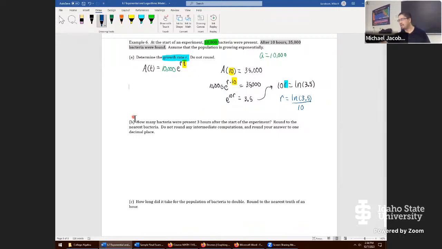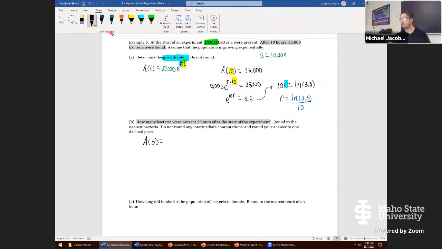Next, it asks us, how many bacteria were present 3 hours after the start of the experiment? We'll round to the nearest bacteria, and it's the same kind of information. We're not rounding the intermediate computations, only the final answer, to get as accurate a value as possible. So the amount of bacteria at 3 hours would just be A of 3. That means we're plugging in 3, and we also found the value of R, so we can plug it in as well, all at the same time.